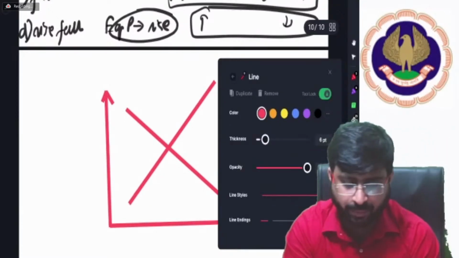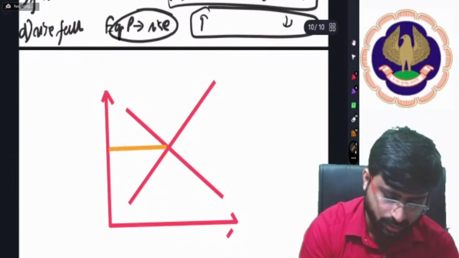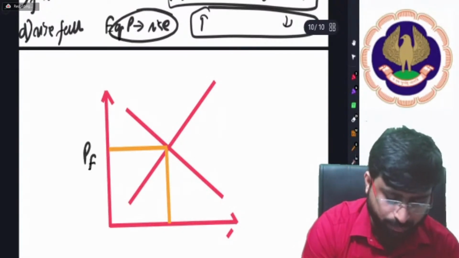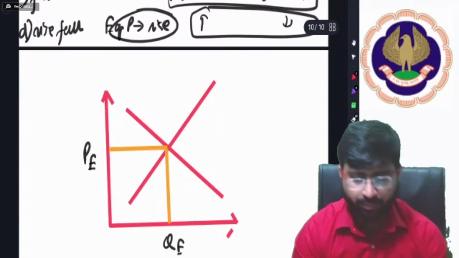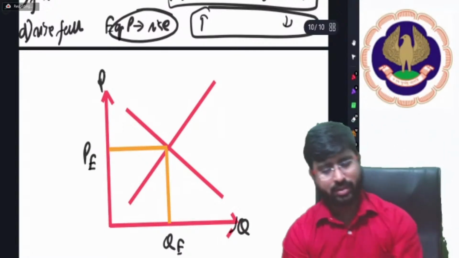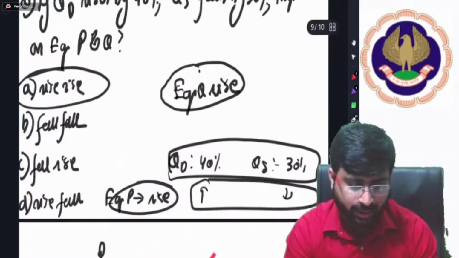Okay, demand and supply. Equilibrium price and equilibrium quantity. This is the price axis, this is the quantity axis. All right. Now, friends, pay attention, everyone.